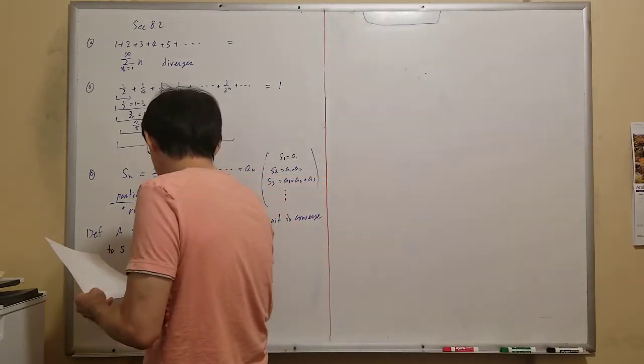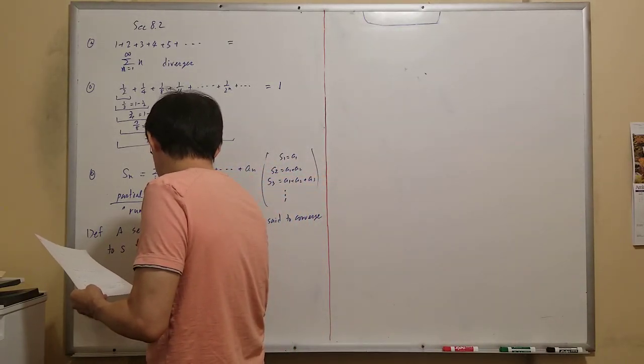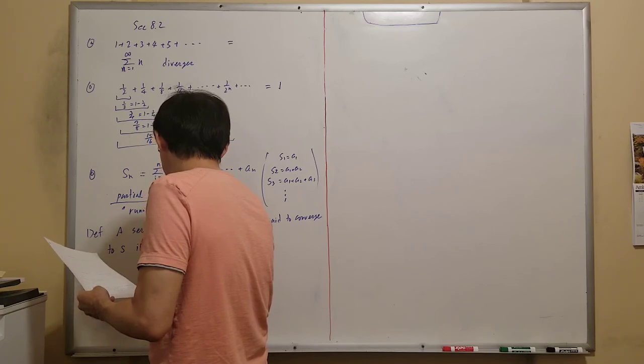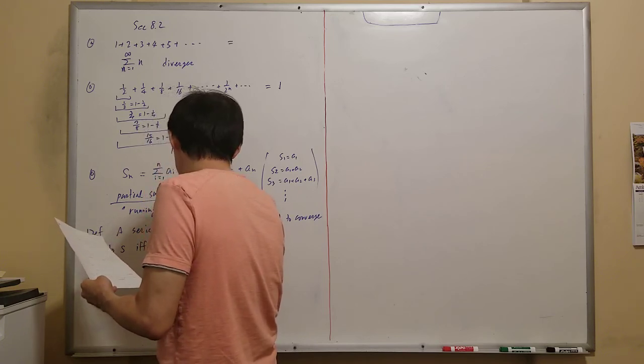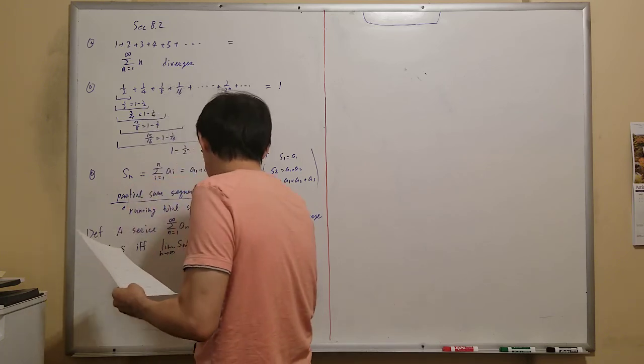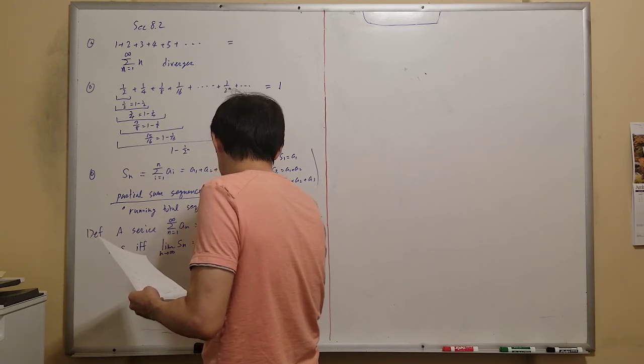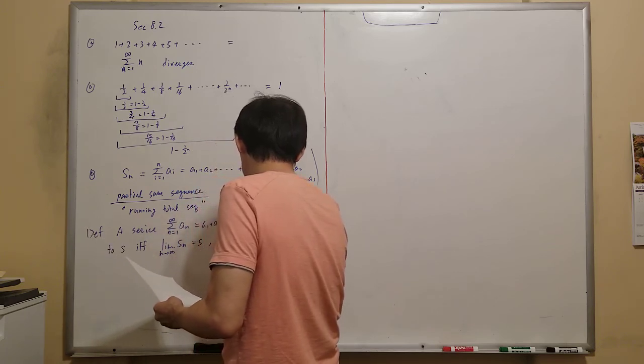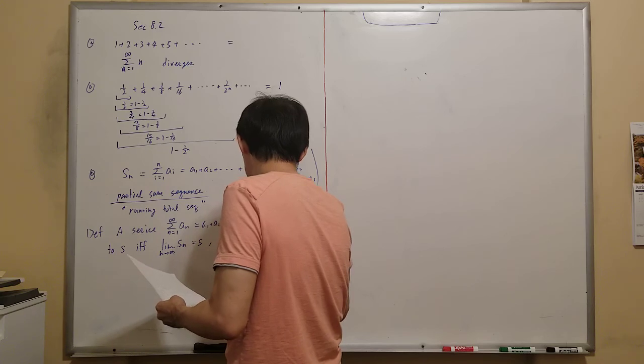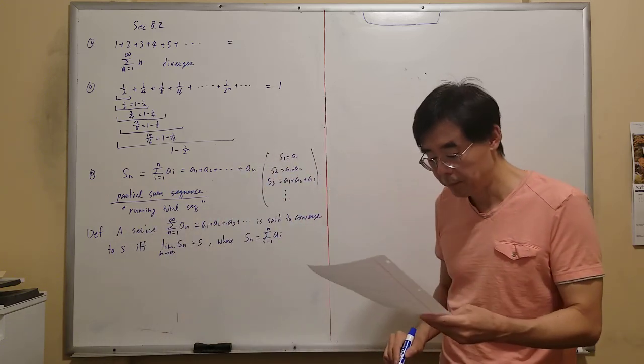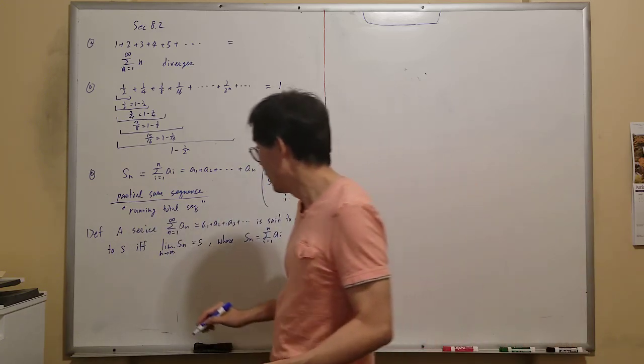So the running total, or partial sum sequence, approaches that value. Okay?